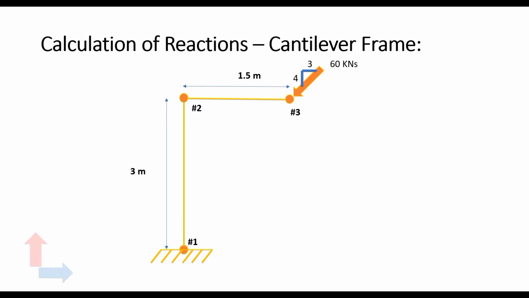Now, the next step in this problem, of course, is to resolve the inclined load of 60 kilonewtons into its vertical and horizontal components. We know the gradient that is being shown in the problem statement. Remember that in the last episode, we had solved for a similar problem of a 60 kip load, which was inclined at the same gradient.